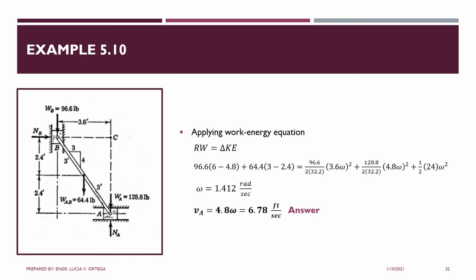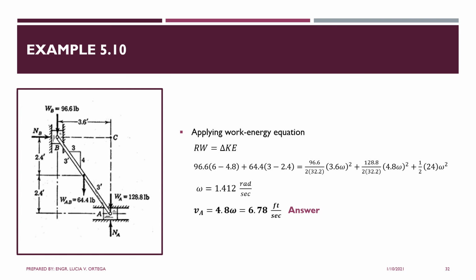W over 2g times v sub A squared, 3.6 squared, plus I sub C, W over 2g, so you have here the velocity 4.8 omega squared, for A and B, plus 1/2 times 24.4, that is I sub C, omega squared.